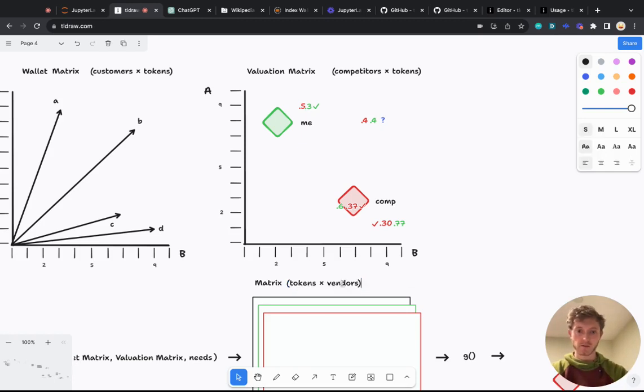This is competitors by tokens by customers. All of these are length.